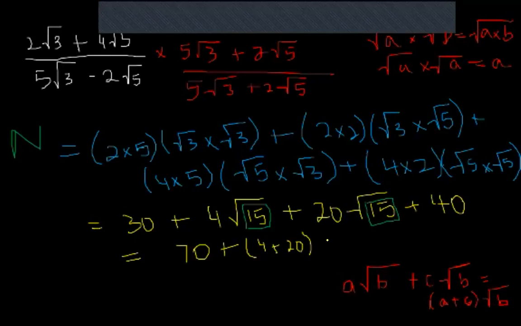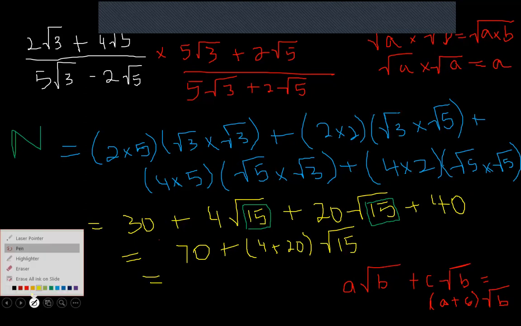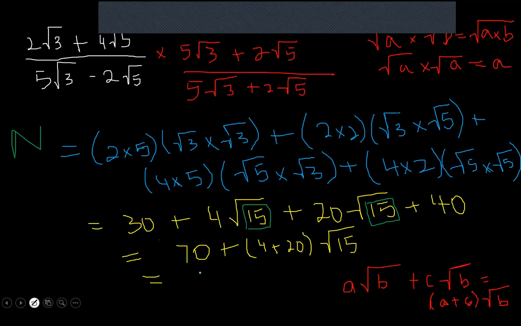And in this case, it would be the square root of 15. We could simplify this even further because we know that 4 plus 20, that's 24. And that's why my numerator, remember this was just the numerator that I'm working out, yeah? Is 70 plus 24 root 15.